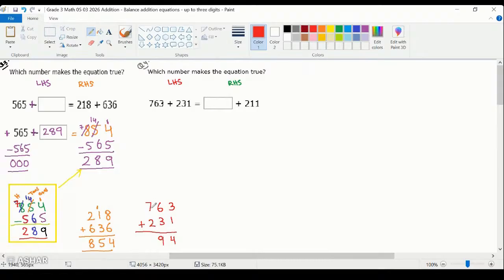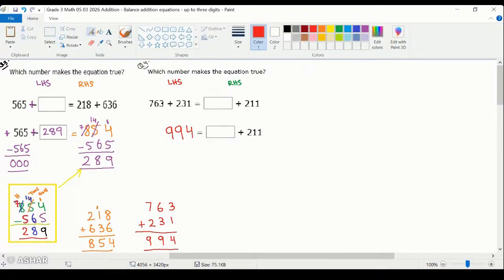And 7 plus 2 is 7, 8, 9. That means when we add these numbers together, the answer comes out to be 994, which should be equal to this number.